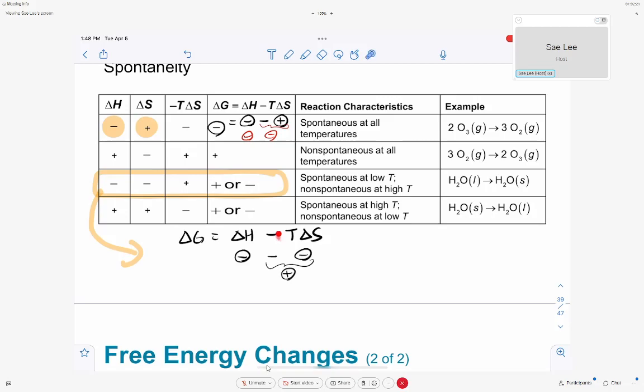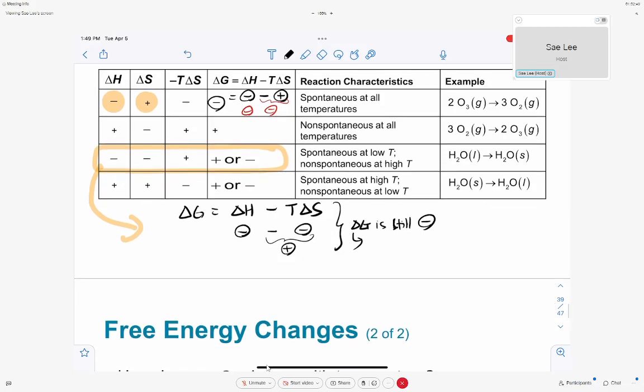At low temperature, minus plus a small value is still negative. So delta G is still negative, then that tells us that the reaction is going to be spontaneous.